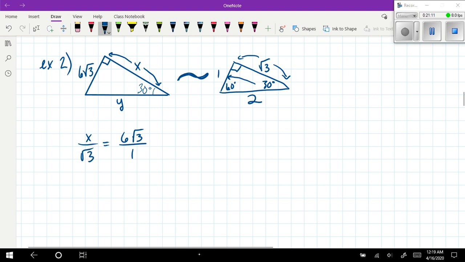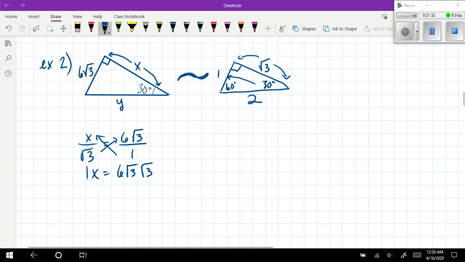And I'm going to cross multiply and solve this. Well, I guess I don't have to, but this isn't x over 1, so I don't already have x solved for. So the easiest way to just tell you how to do this is to always cross multiply. This gives me 1x is equal to 6 root 3 times root 3.